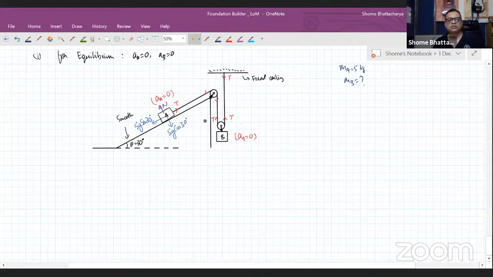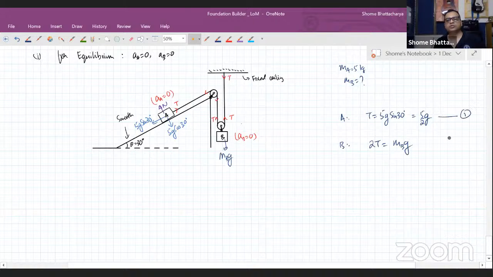And the normal reaction here. This is MBg. Okay. So for A we'll have the equation that tension equals 5g sine 30 degrees. So that is 5 by 2 g. And for B we have the equation that 2T balances MBg.